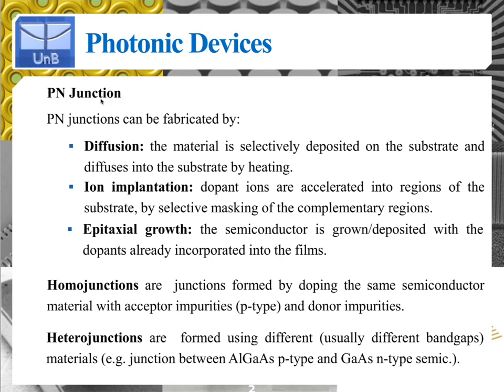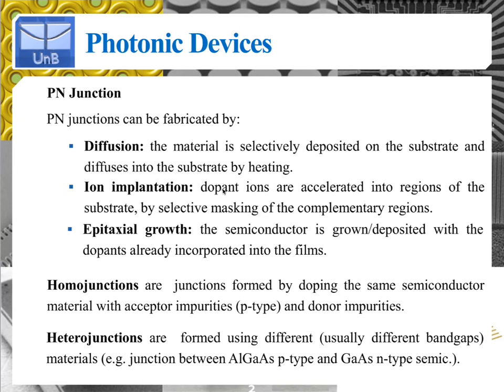The main techniques used to dope semiconductors in order to make PN junctions are diffusion, ion implantation, and epitaxial growth. So in diffusion, the material is selectively deposited on the surface of the semiconductor chip or wafer, and by placing it in a furnace at high temperatures, this material which is on the surface diffuses into the semiconductor from the surface downwards.